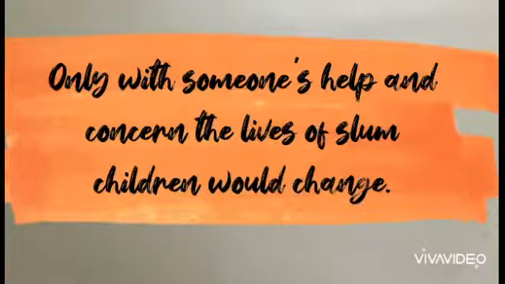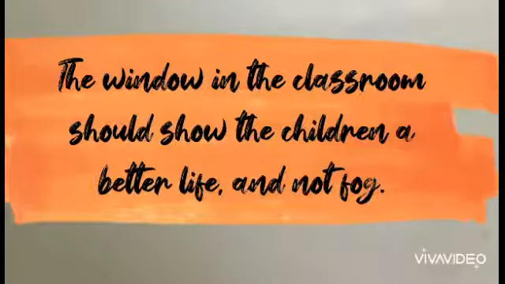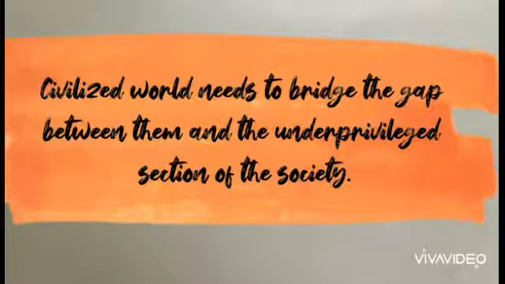He says here that unless these children are visited by any government official, any governor, any inspector, any educationist who has a desire to uplift these children, they must come forward and visit these children, and only then will these windows from where they can see the slum turn into windows from where they can see the real world and live a better life. It is said that the poet wants the civilized world to bridge the gap between them and the world of these children.